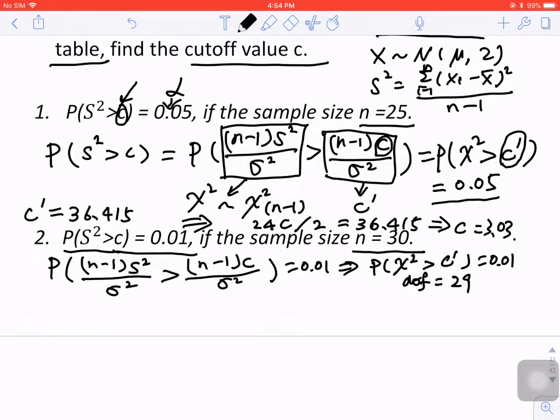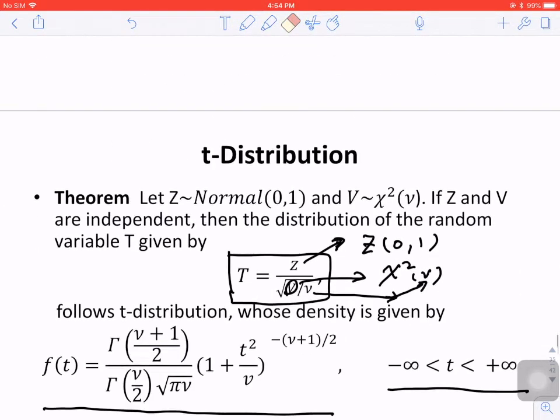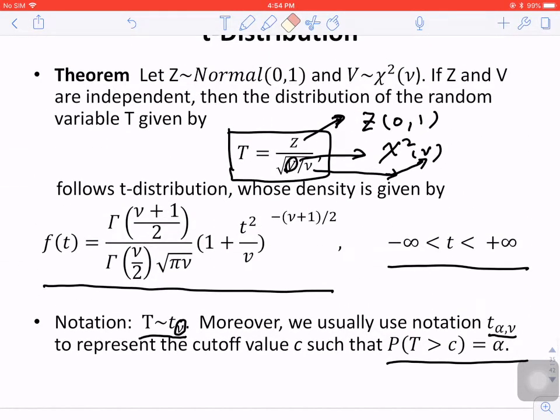I'm going to replace s squared by t here. So this c is this cutoff value. We use this notation, but not for this example, actually. We use this one for this example. So this c is t alpha v.